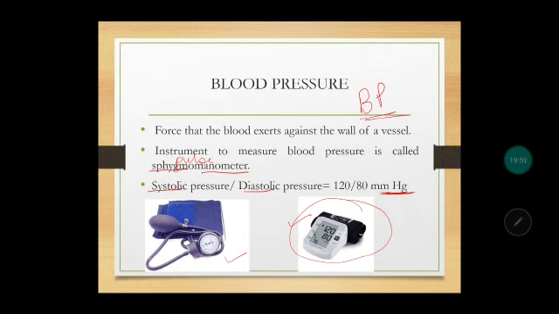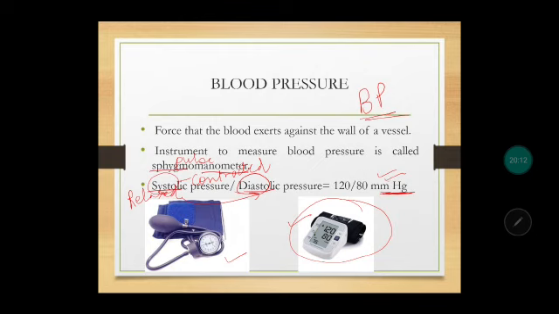Diastole means relaxed pressure, and systole means contracted pressure. Means there is contraction and relaxation, right? So when the heart is relaxed, at that time what pressure is there? It should be 80.